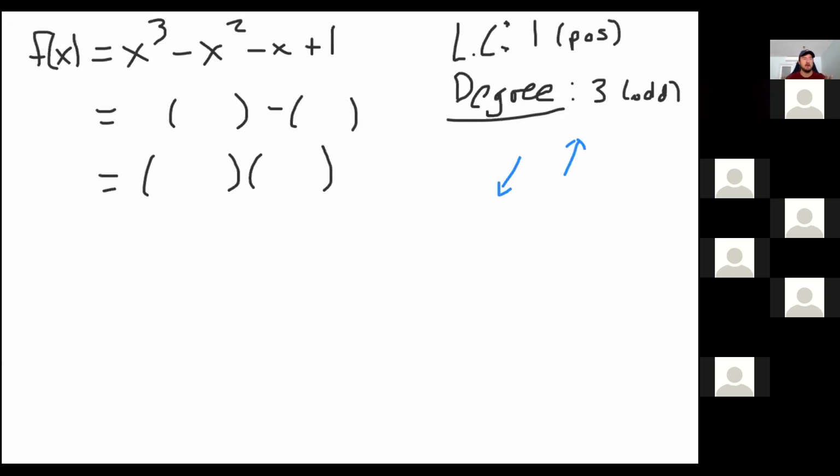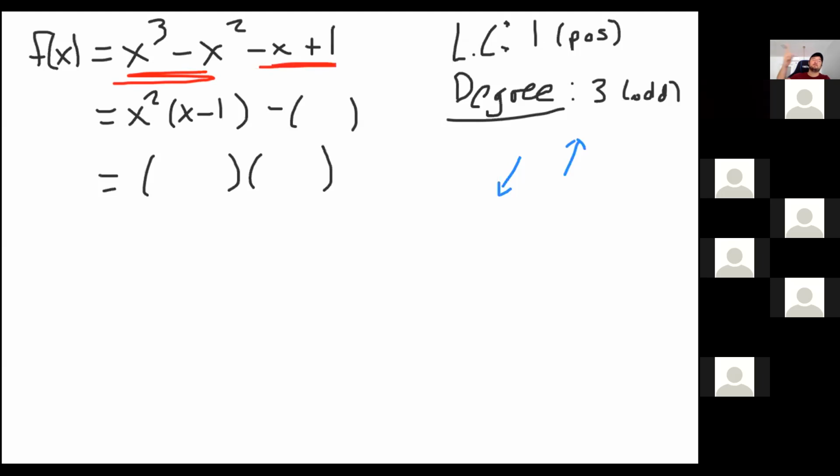After that, I have to factor. And the hint that I gave you all was factor by grouping. If I look at these first 2 terms, they have an x squared in common. So I can factor out an x squared, leaving me with x minus 1. And then once I see that the factor that's left over is an x minus 1, I kind of have it here, except I have a negative x plus 1.